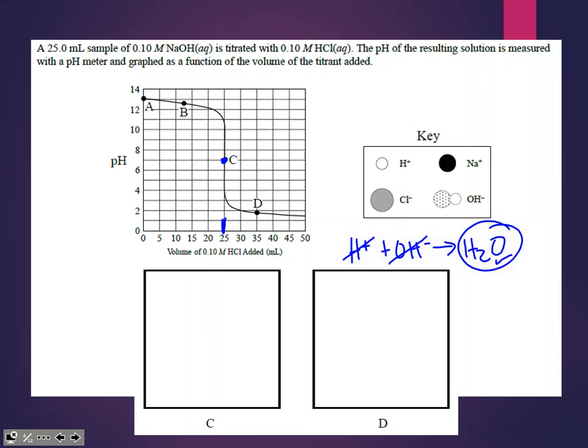The Na and the Cl. Now, we know we had 6 Nas to start with. The Nas have not been added or removed. So we're going to have 6 more Nas in here, like so. But at this point, how many chlorides should be in there floating around?